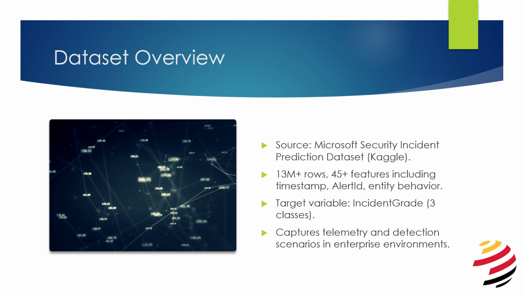Each alert includes metadata such as the alert ID, timestamp, user and device information, and a target variable called incident grade. Incident grade includes three categories: true positive, benign positive, and false positive. The dataset includes 45 features, many of which are categorical or timestamp based.